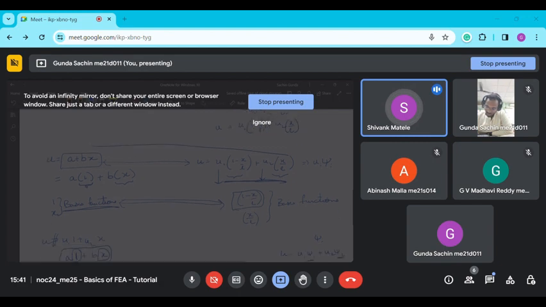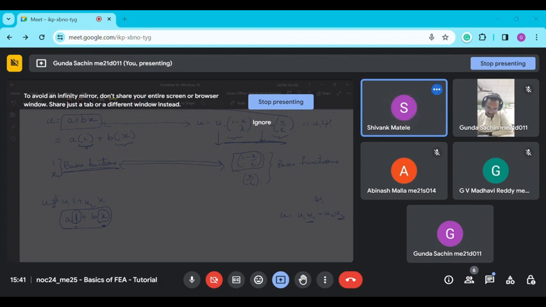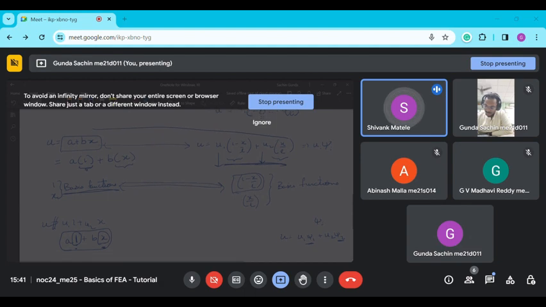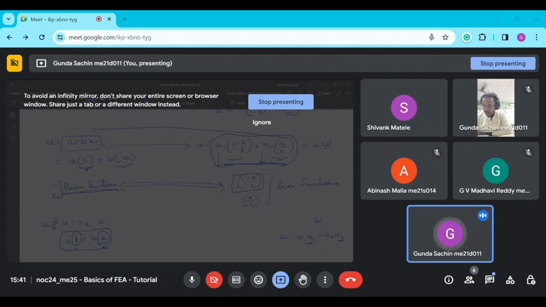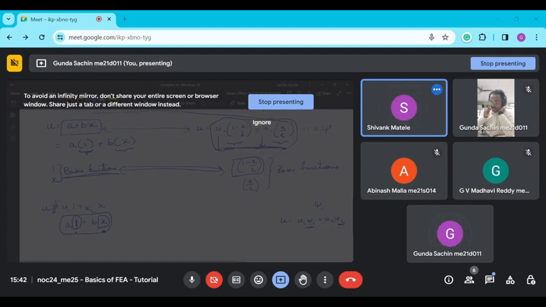But in this case, a plus bx as a whole is an interpolation function. And u1 times (1 minus x by L) as a whole is also an interpolation function. And 1 minus x by L and x by L are also interpolation functions.